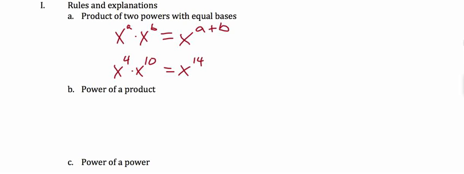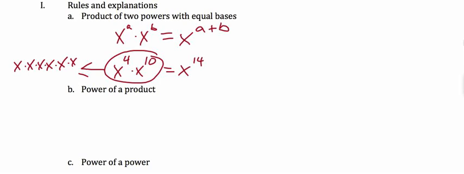Now, easy explanation as for why that is. Well, let's think about what our specific example down here looks like. If I were to write out x to the fourth, that would just be 4 x's. If I were to write out x to the 10th, it would be 10 x's. I'm not going to write them all out. There'd be 10 of them.